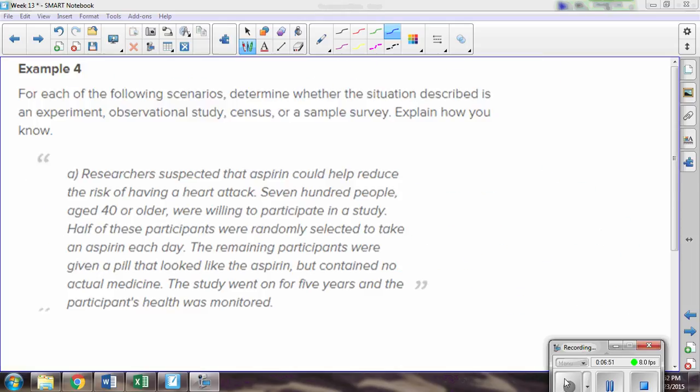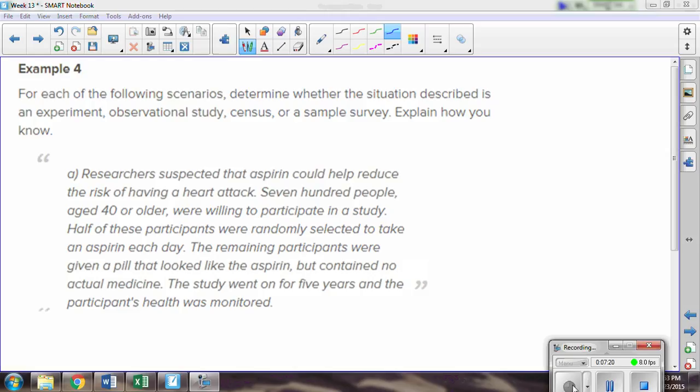And so for our last example of the day, we have example 4, A, B, C, multiple parts. Read the situation and then try to identify, is this a sample or is it a census? As well as, is it an experiment or an observational study?